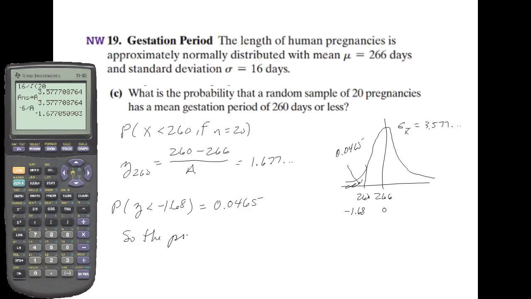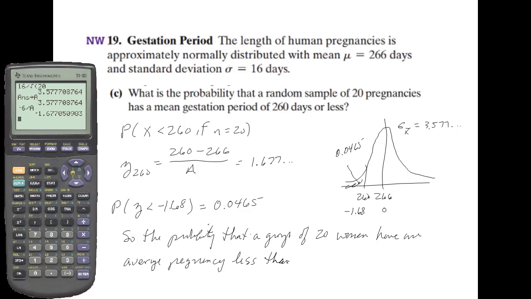So the probability that a group of 20 women have an average pregnancy less than 260 days is about 5%.